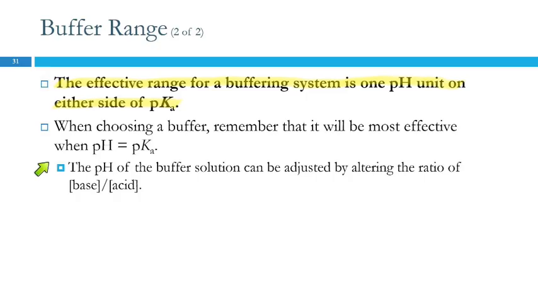It will be most effective when the pH is equal to the pKa. But there might not be a buffer system available that's exactly right. So then you want to get one where the pKa of that system is close to the pH, right? Closer is better, but it definitely needs to be within 1 pH unit of the pKa.